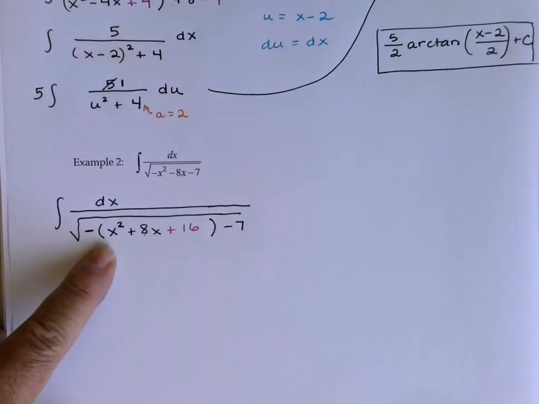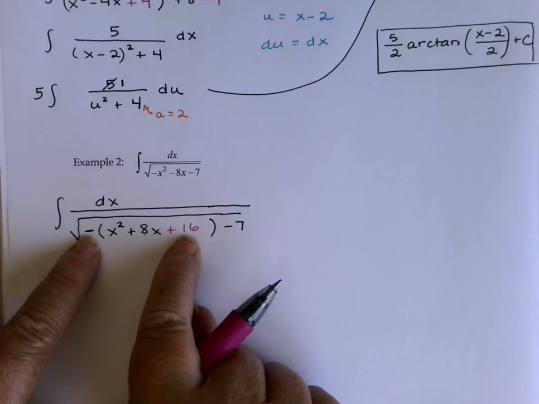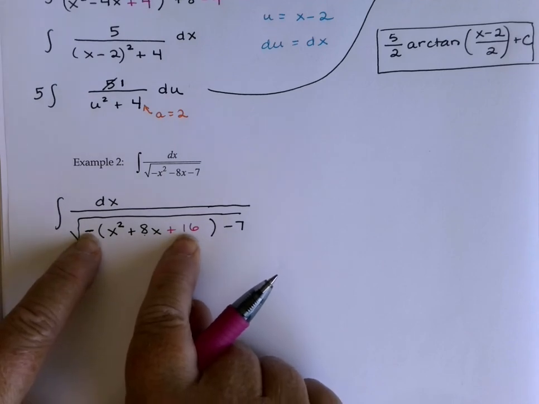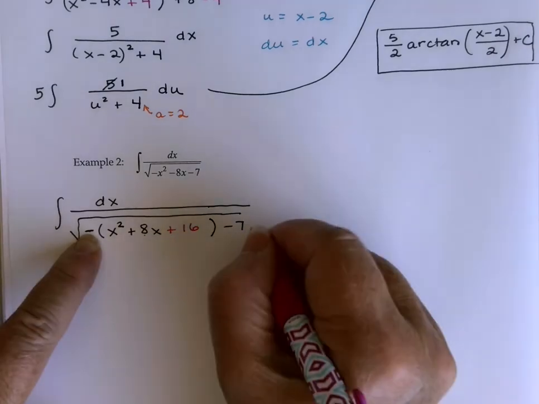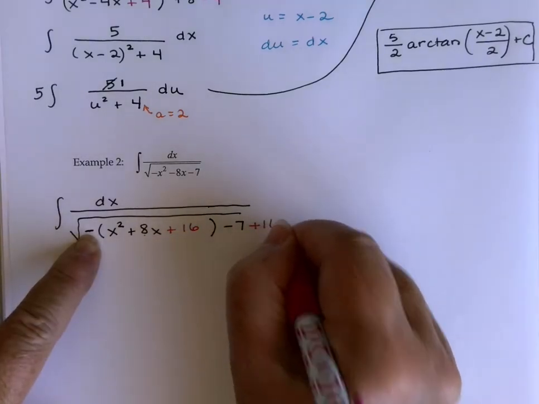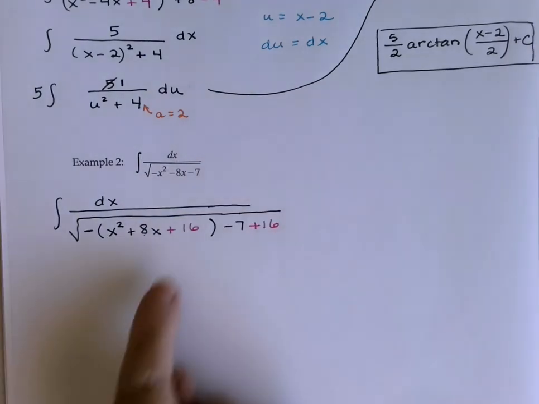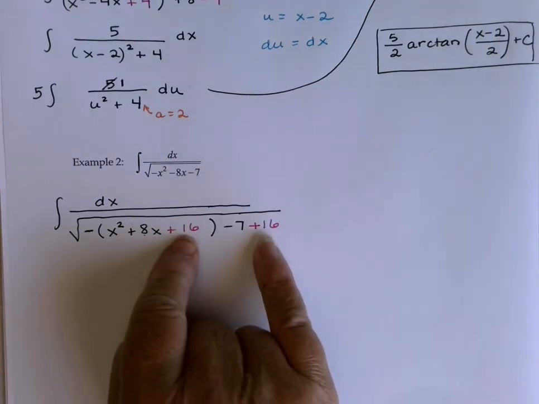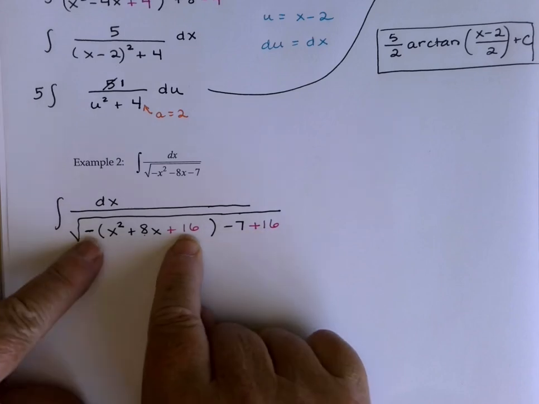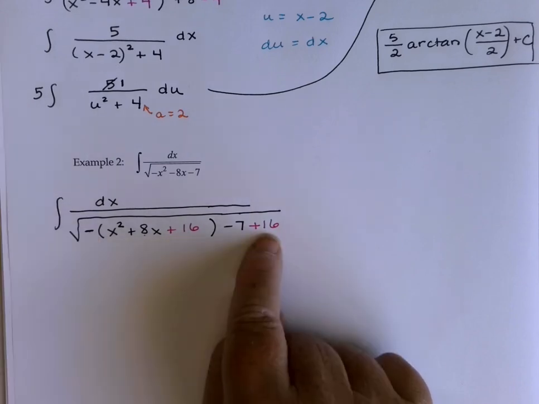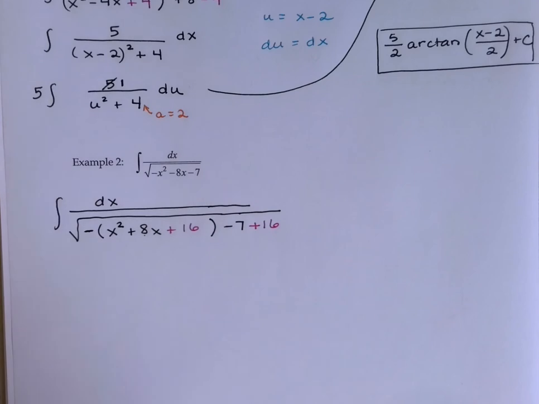Now be a little bit careful right here. That 16 is in the parentheses, so the minus sign applies to it. To compensate for a minus 16, I'm going to have to put a plus 16 out here. It should still be under the radical though. It kind of looks at first glance like we really added 16 twice, but we didn't. This one's a minus 16, this one's a plus 16.